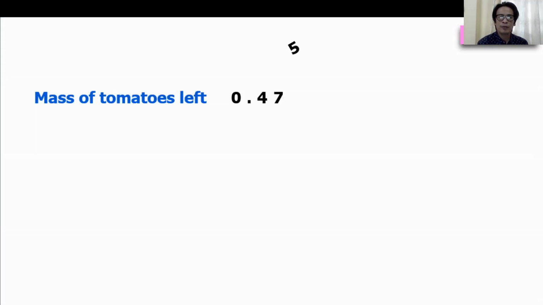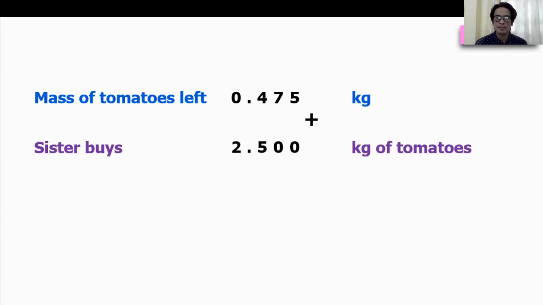So the second step is addition, right? Addition is the next step. So the mass of tomatoes left, 0.475 kilograms, that's our answer for the first part. Plus, sister buys 2.500 kilograms of tomatoes.